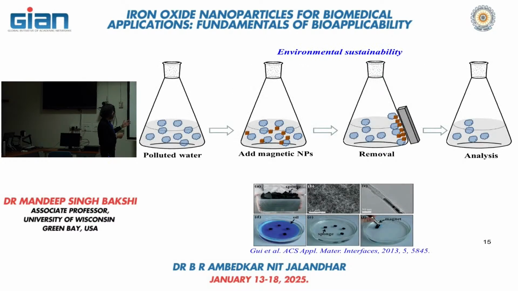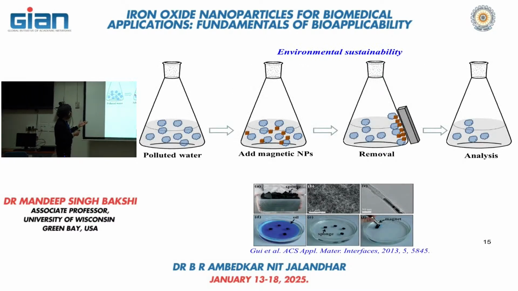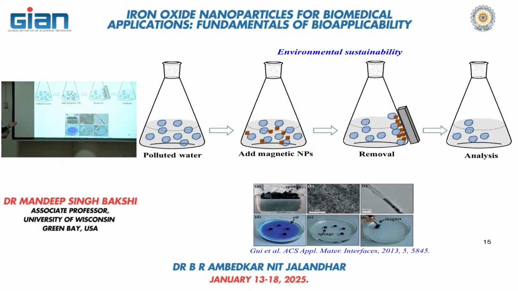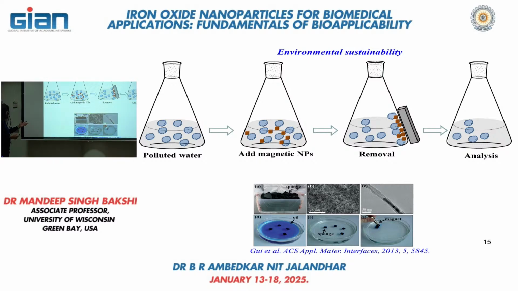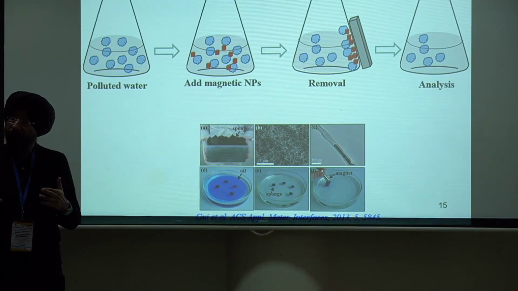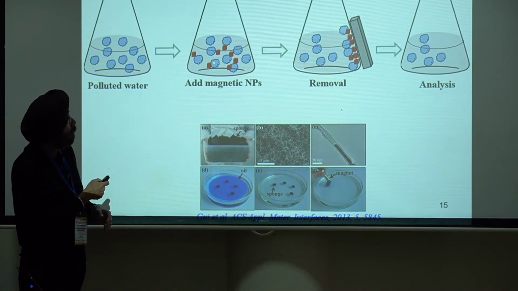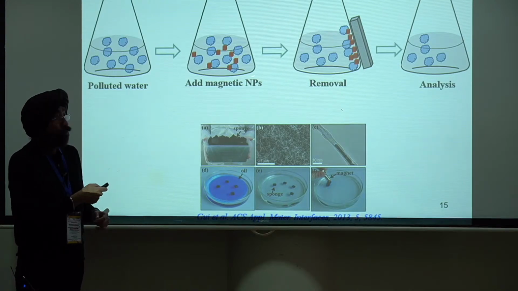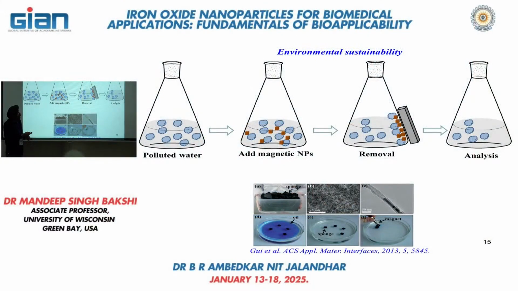The best way is, we have the pollutant in the contaminated water. We add magnetic nanoparticles that are functionalized, so the magnetic nanoparticles entrap the pollutants. We place the magnet, and in this way you have a smaller amount of pollutant, or you can entirely remove the pollutant.